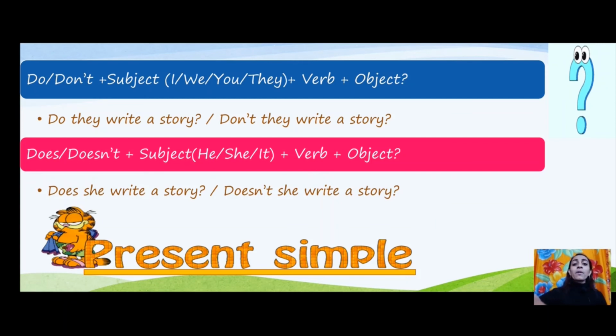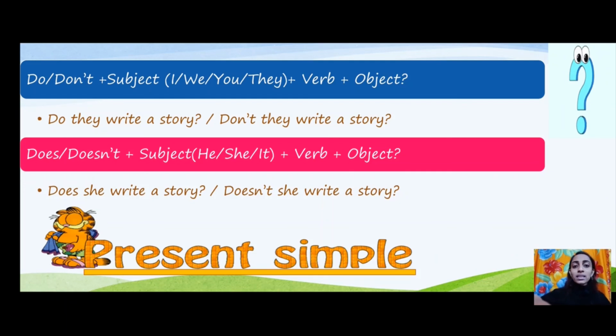Fine. If we are framing a positive question, then we have to write do. And if we are framing negative interrogative sentences, it begins with don't.